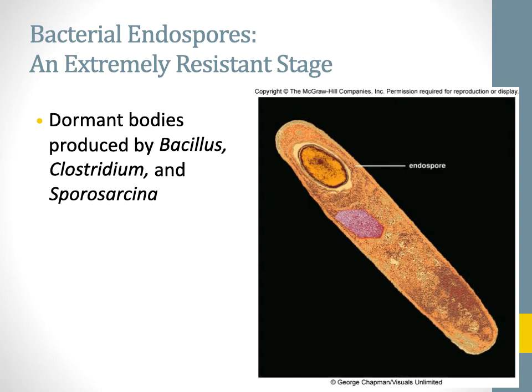Another unique cell structure would be the endospore. Certain bacteria produce endospores: bacteria found in the genera Bacillus, Clostridium, and Sporosarcina have the ability to produce them. You may have heard of Bacillus anthracis and Clostridium, which produce toxins, but they can also produce endospores.